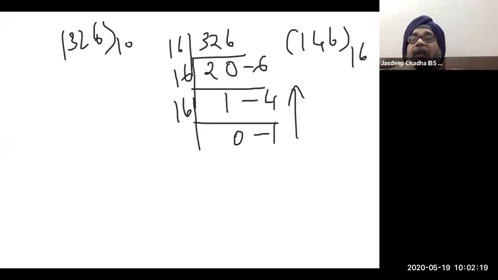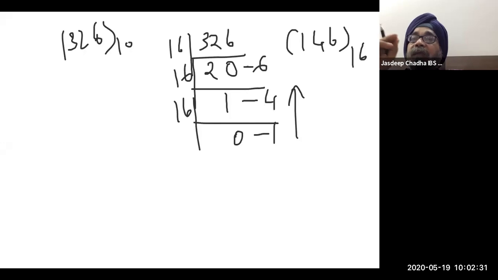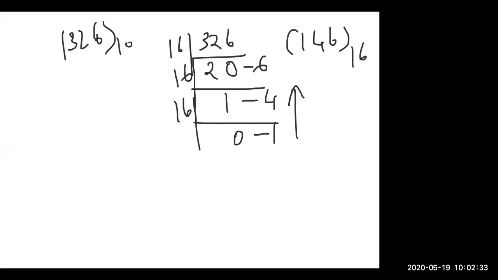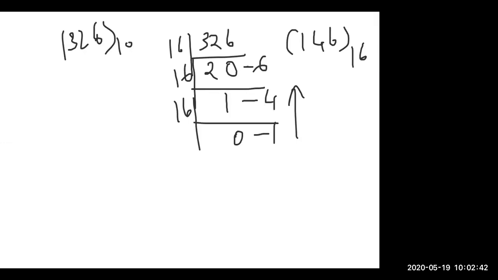But from binary to octal, the only route is from binary you have to come to decimal, and from decimal to octal. You must have a decimal with you, and then you can convert it to any number. So it's not mentioned anywhere, but this is the protocol, this is the method.